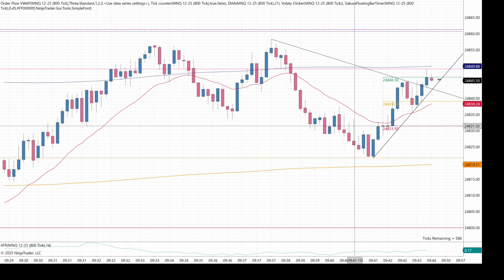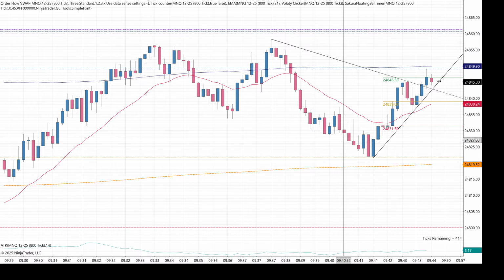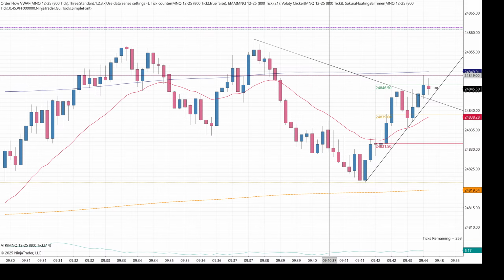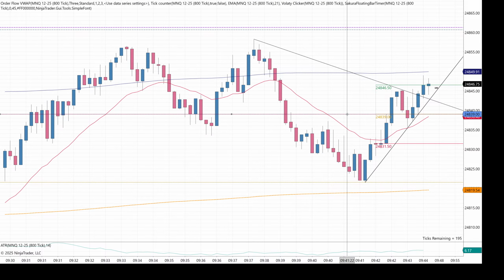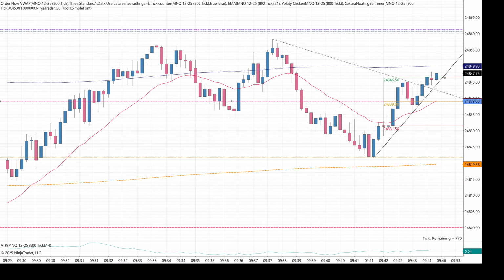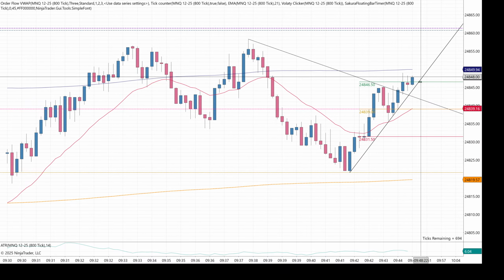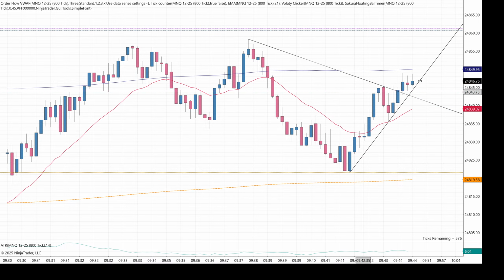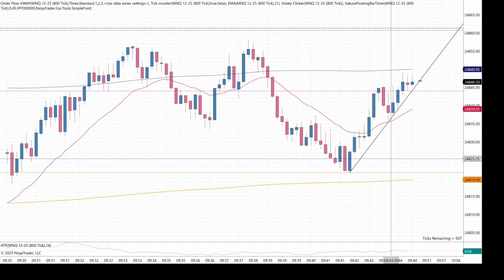Okay, it did hit the target. Let's keep track of the runner. I'm not in the trade, but we'll keep track of the runner. The runner's right at break even. Okay, runner is right here. I'll go ahead and delete this line and this line.